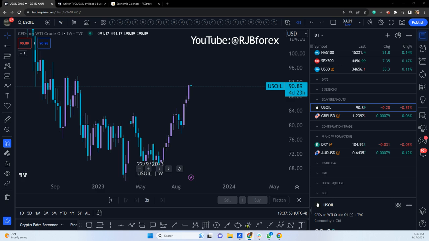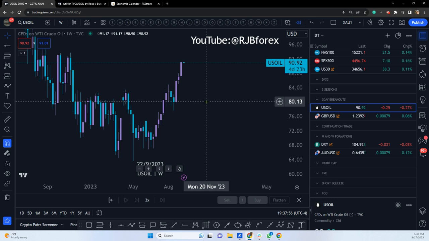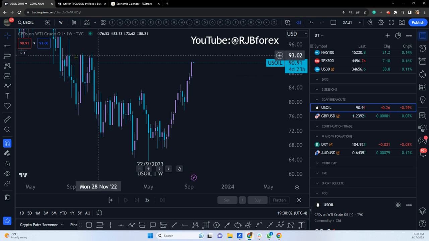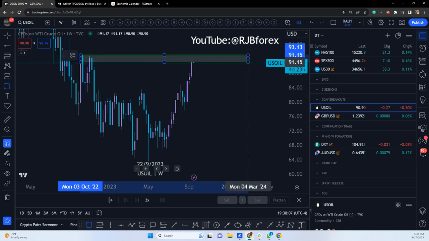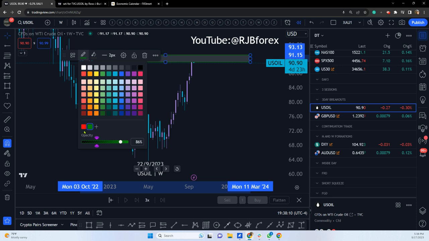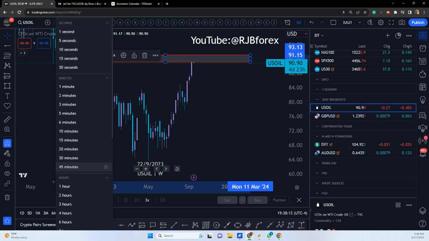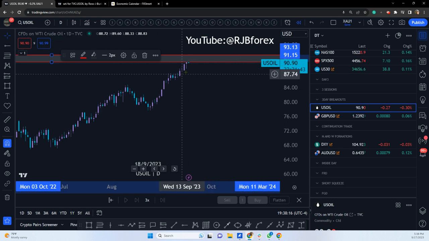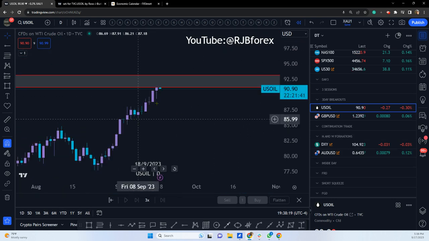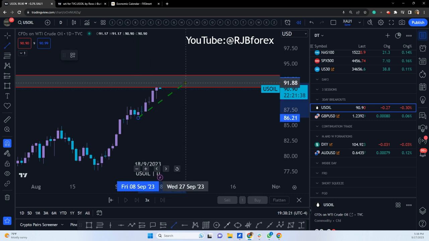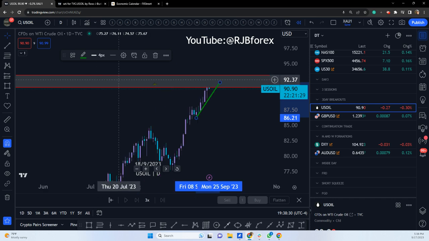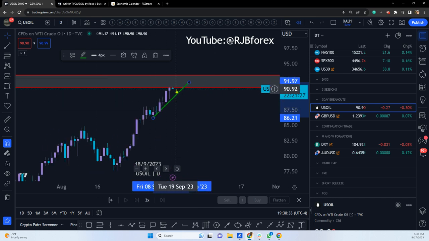So stepping back again to the weekly chart here, we've got the market that was closing firm up into resistance. Prospects of a pullback for the open. This is the trendline, dynamic trendline support. But it started to move away from the mean, really. So when it does that, you're looking for a pullback.